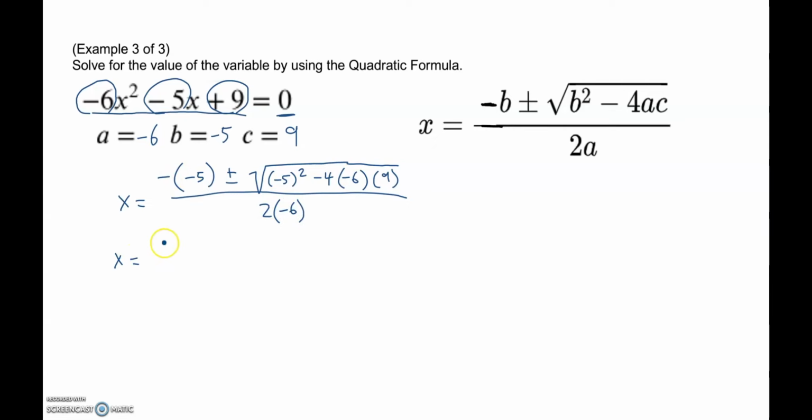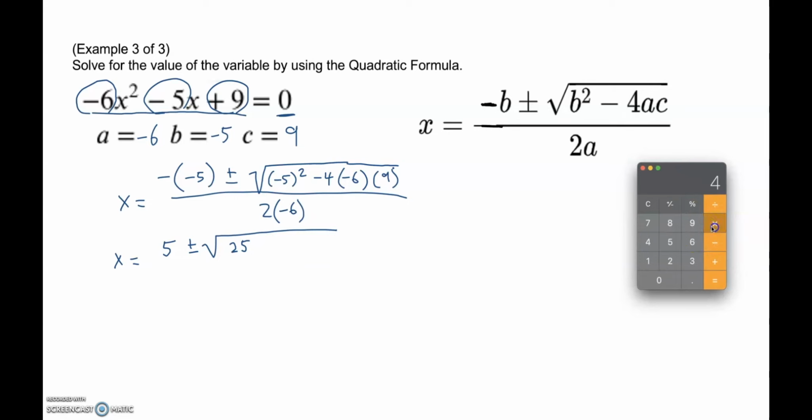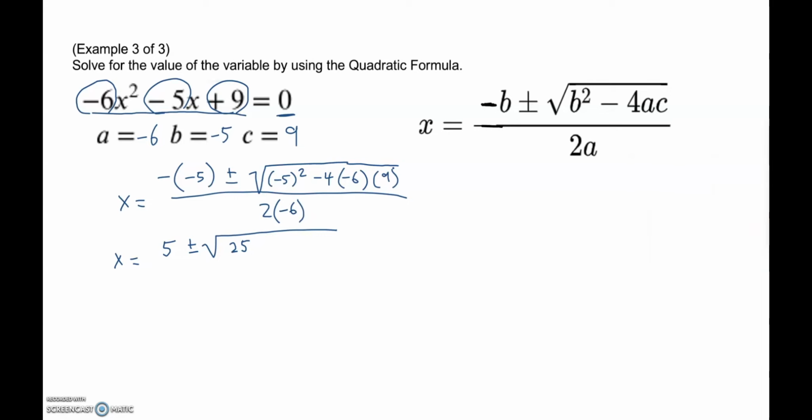Negative 5 gives us a positive 5, plus or minus the square root of, what is negative 5 squared? Well, negative 5 times negative 5 should be positive 25. And then negative 4 times negative 6 times 9. We know that's going to be a positive number because there's two negatives. So we'll go 4 times 6 times 9. That should equal 216, so it's going to be plus 216. This is all over 2 times negative 6, which is negative 12.